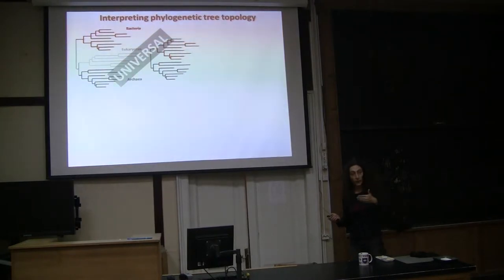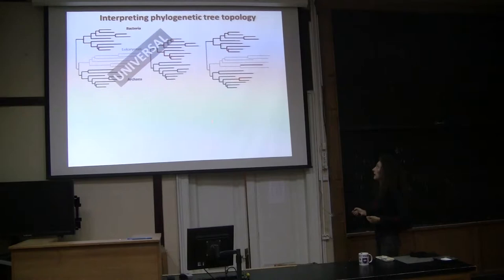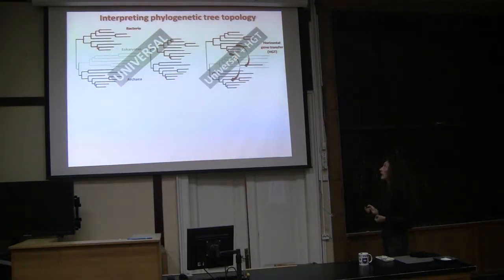And this is vertically inherited, okay? If we see a case like this, with essentially the three domains of life, and well supported, and now a couple of cases like this, we are going to conclude that these are cases of horizontal gene transfer from this lineage to the other two. So this is a gene that is universal, and it has been transferred occasionally to other lineages.